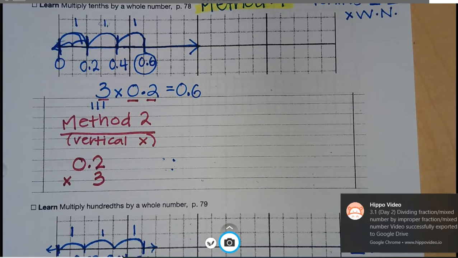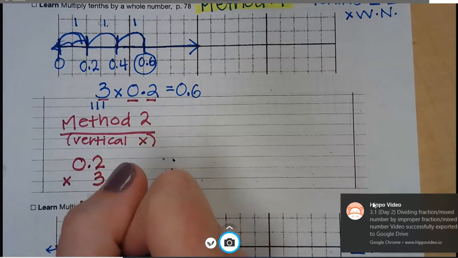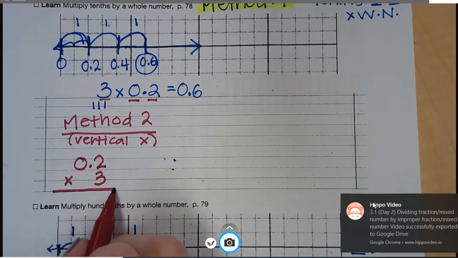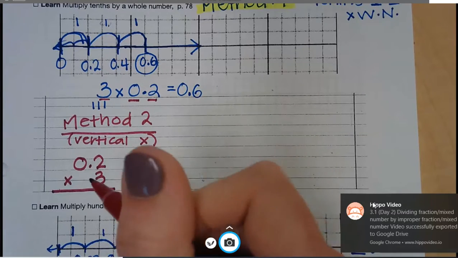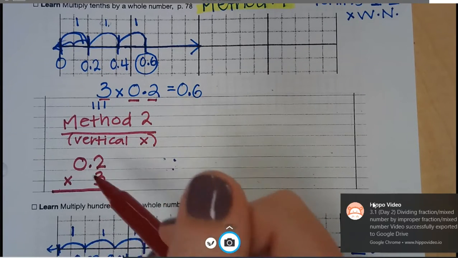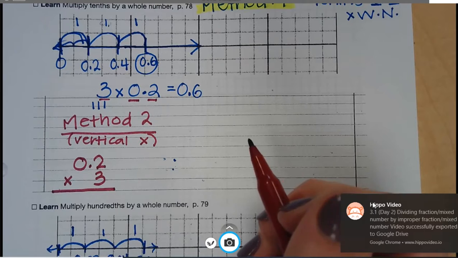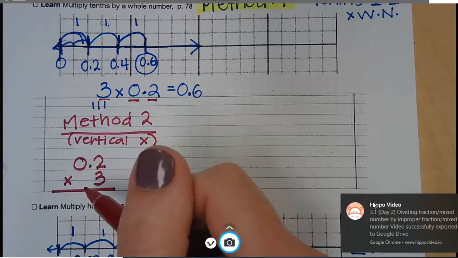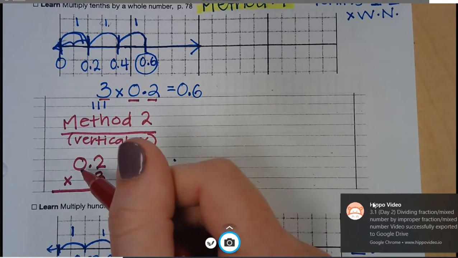What you'll see is that we do not have to line up our place value when we multiply by a decimal. We do have to line up our place value when we add a decimal.